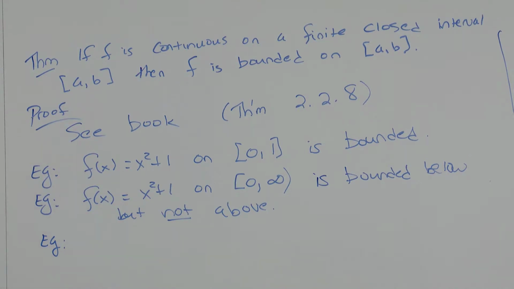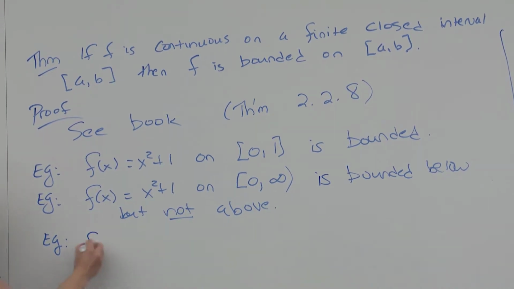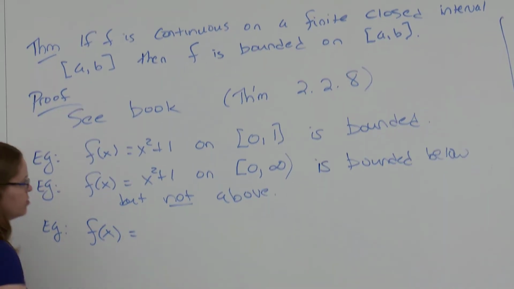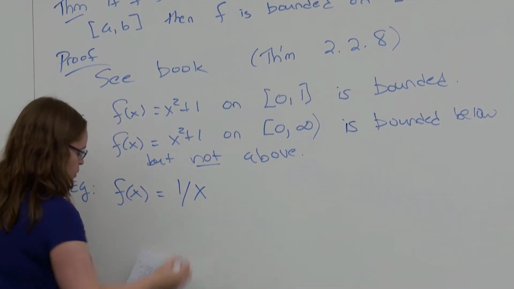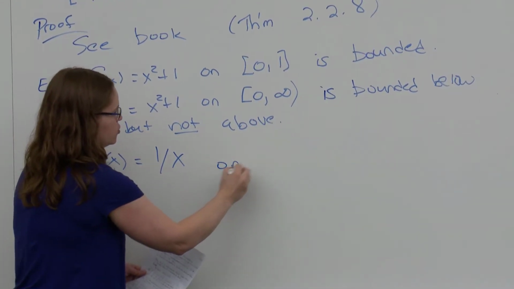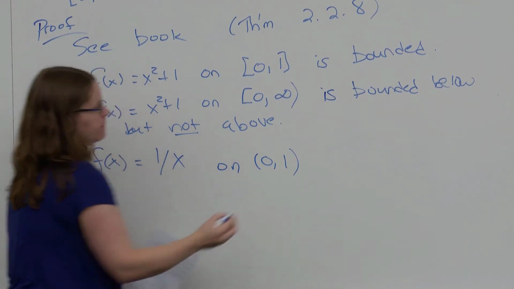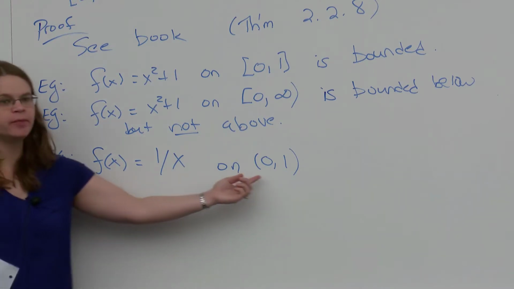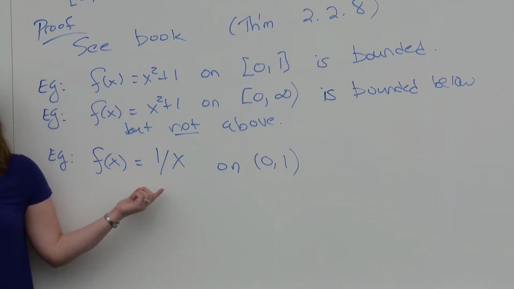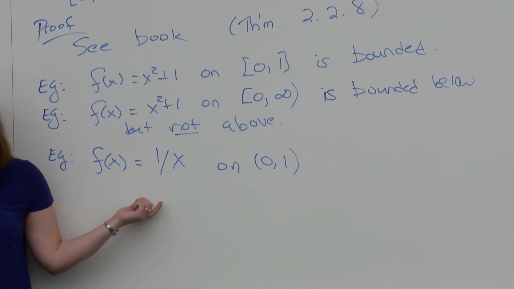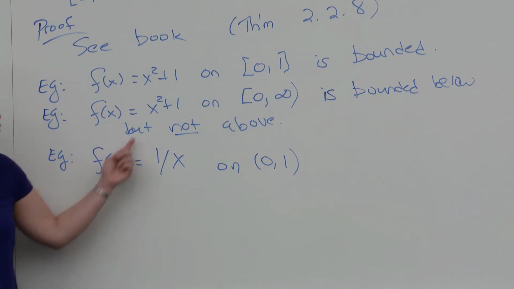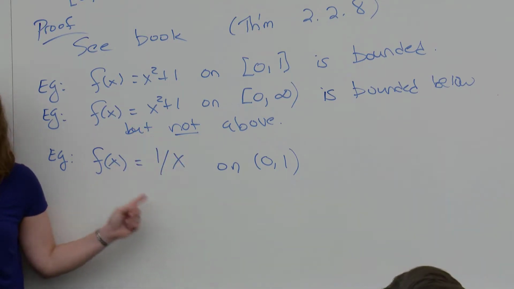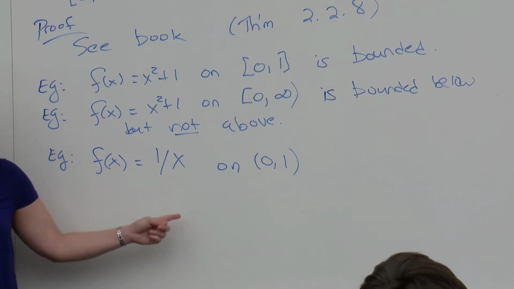Okay, and then why does it have to be a closed interval? Well, I'm going to switch up the function for this. And let's take this to be 1 over x on the interval 0 to 1. Okay, I have not included 0 in the domain, right? So we're never in danger of plugging x equals 0 into here. That means we know this function is continuous on the domain that I've given you, right?